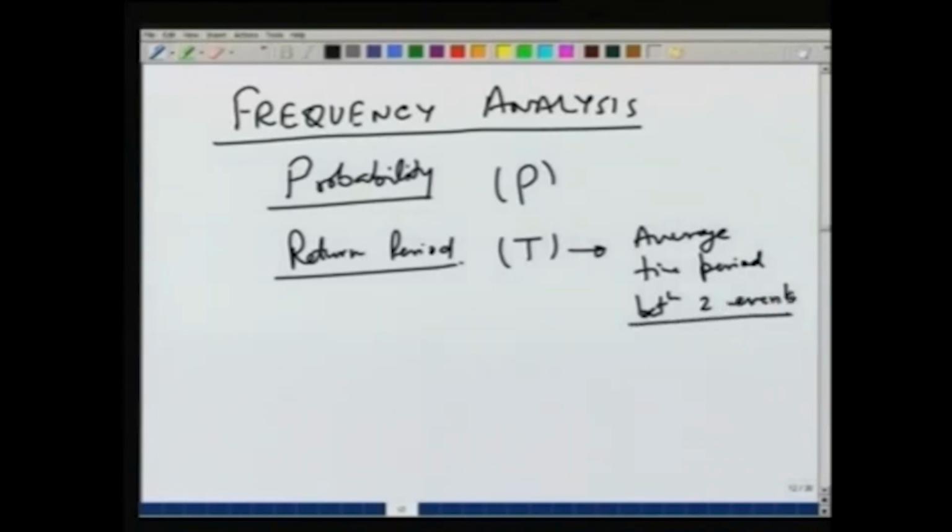For example, we say a rainfall of 100 millimeters in 1 day, what will be the average expectation? So, let us say we can say once in 10 years or once in 20 years.